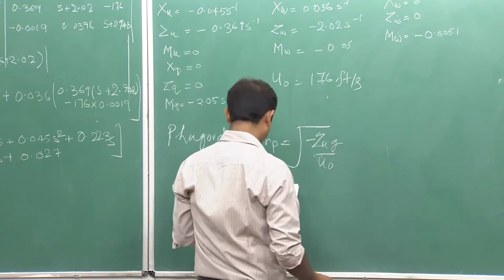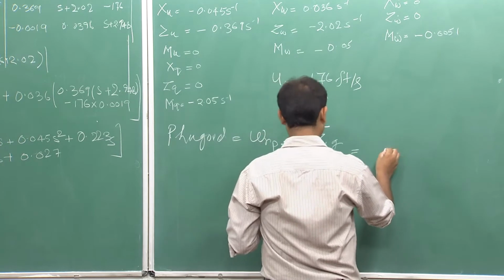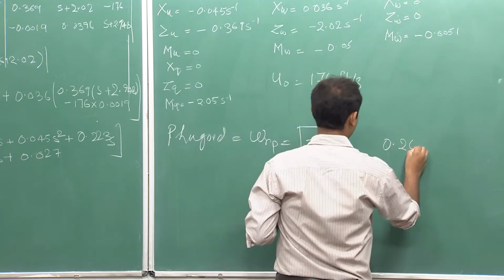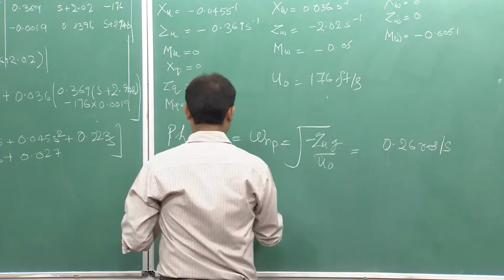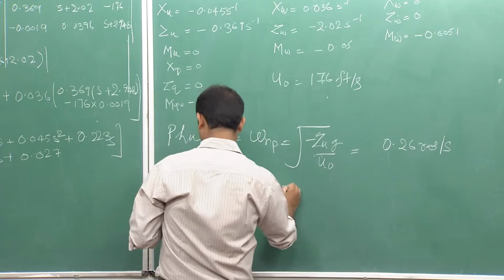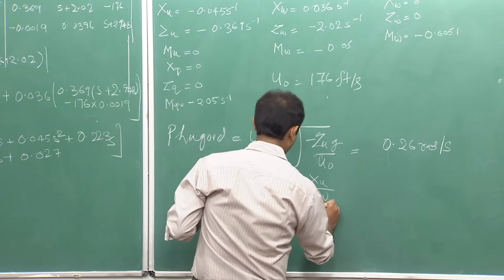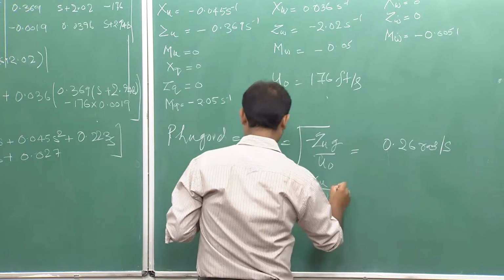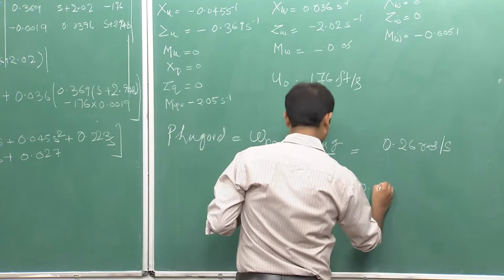So, it will come around 0.26 radian per second. Similarly, value of zeta will be minus X_U upon 2 omega n phugoid, which will be 0.087.